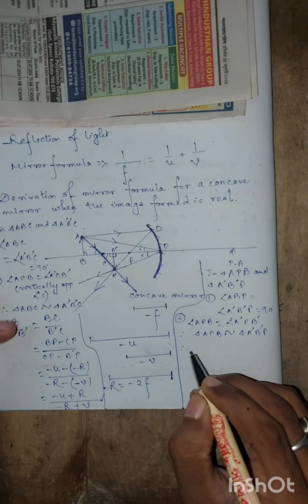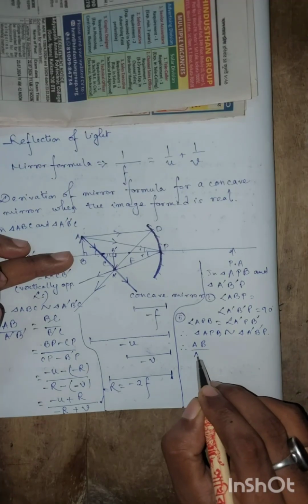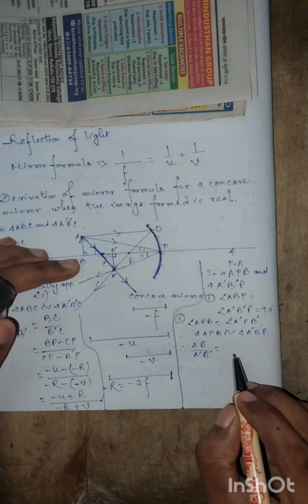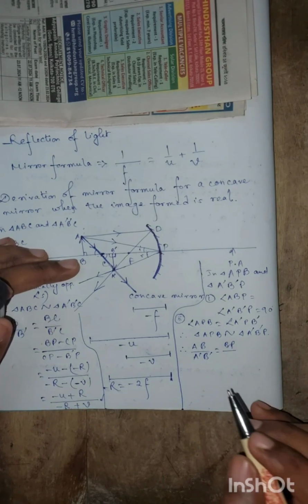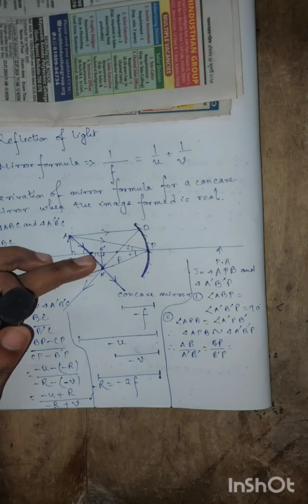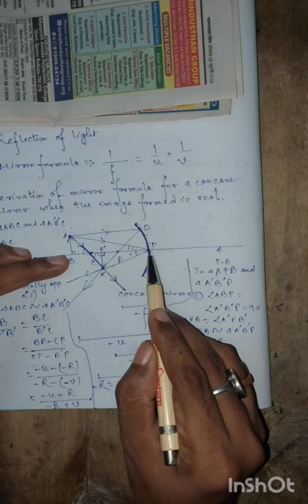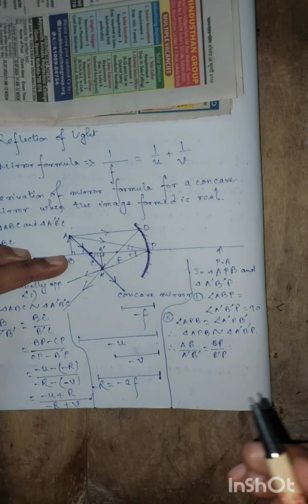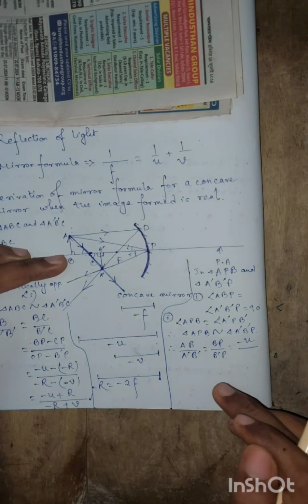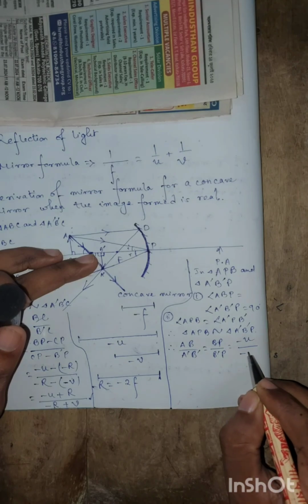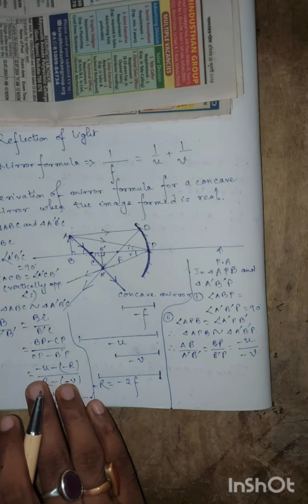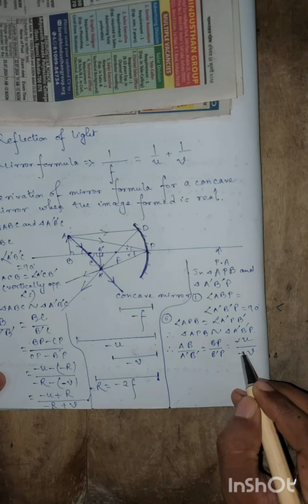Therefore, we can say AB by A dashed B dashed is equal to BP by B dashed P. Now BP can be written as the object distance, that is minus u, and B dashed P can be written as image distance, that is minus v. So if we cancel minus, we get u by v.